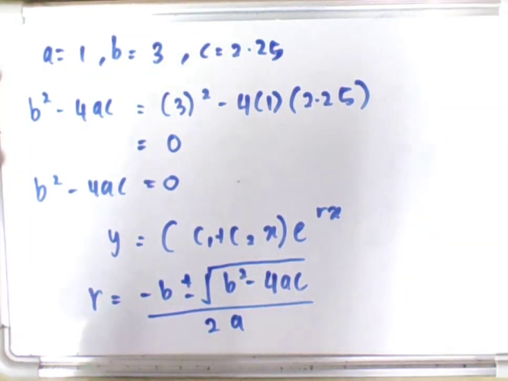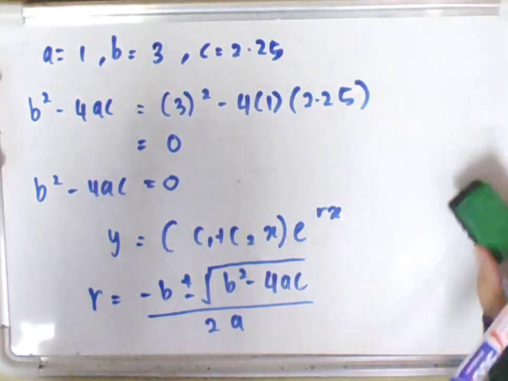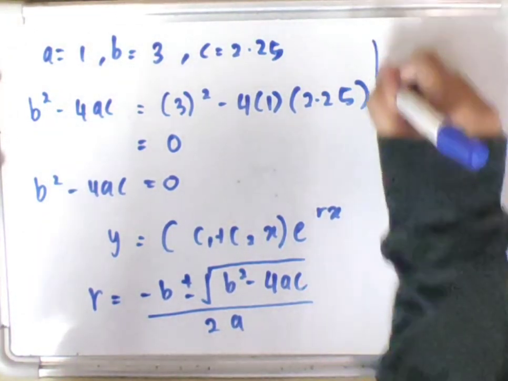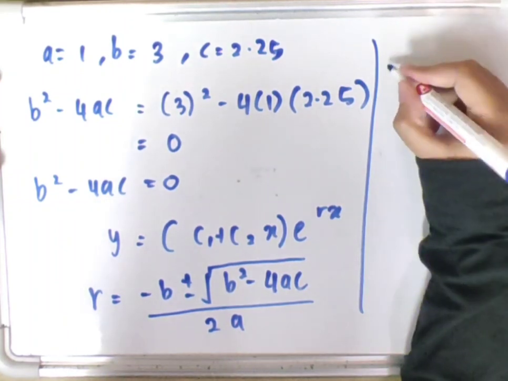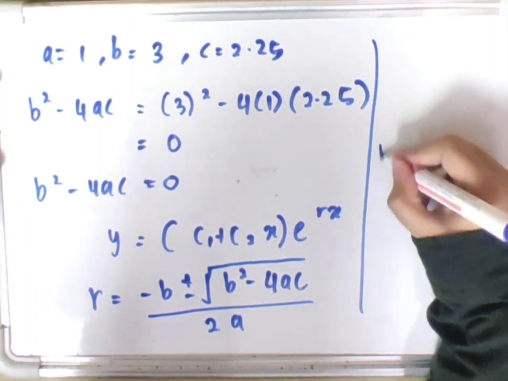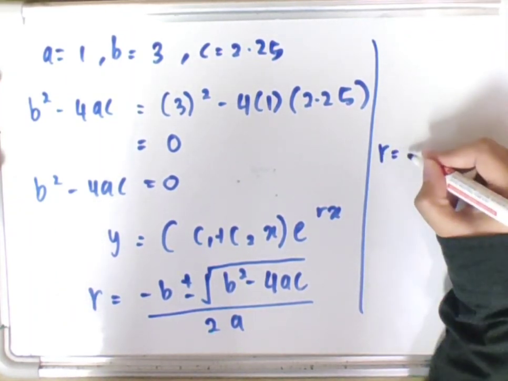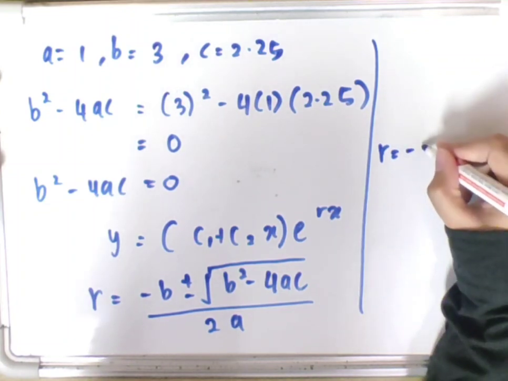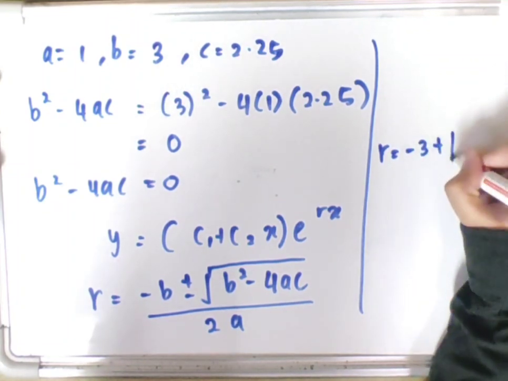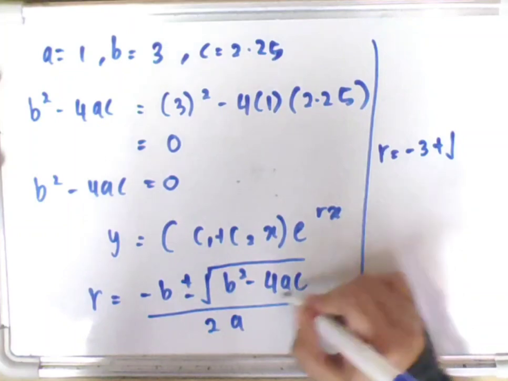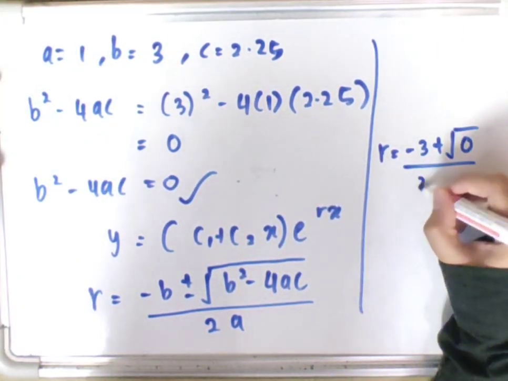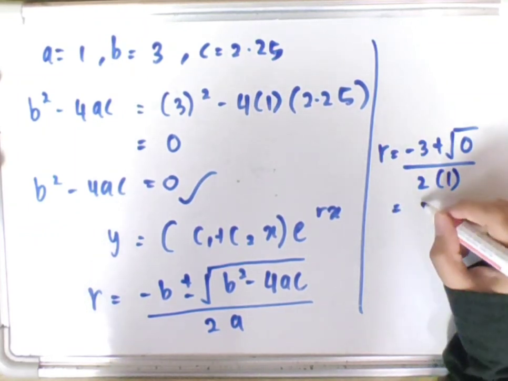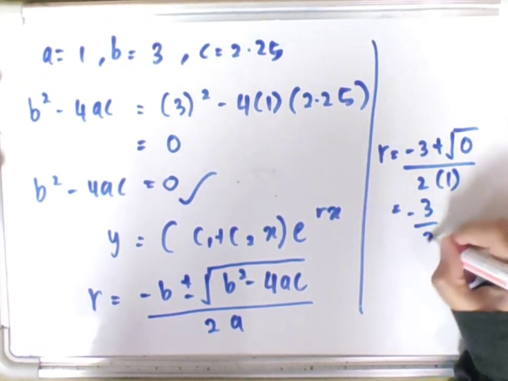Substituting, b squared minus 4ac is 0, so r equals negative 3 over 2.